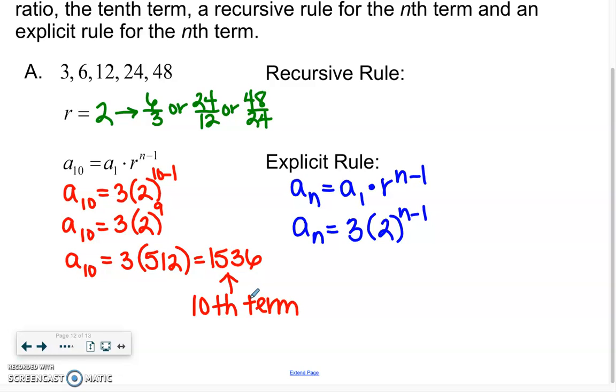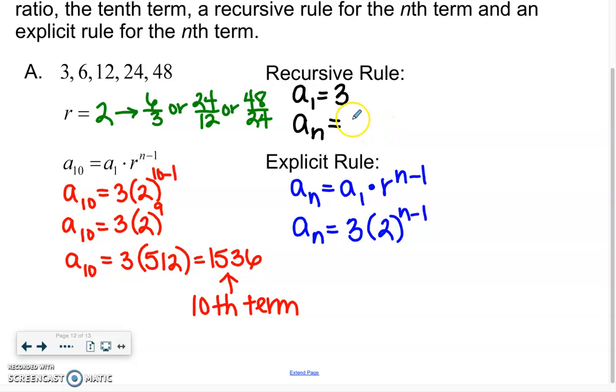Okay. One more thing. Let's go back and do the recursive rule. So in a recursive rule, remember it's 2 steps. Step 1 is state your first term. So I'm going to say my first term is 3. Step 2, I'm going to state what to do to get the next term. This is a multiplication pattern. So your recursive rule is going to show multiplication.